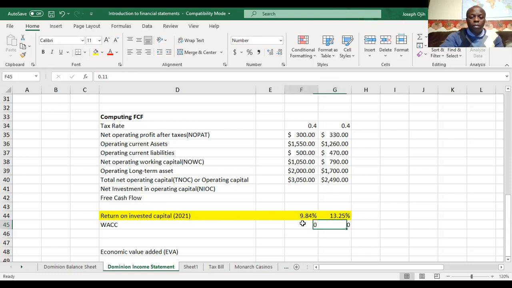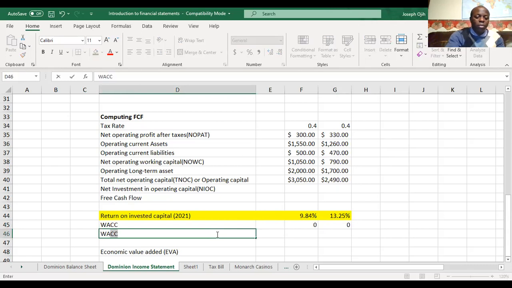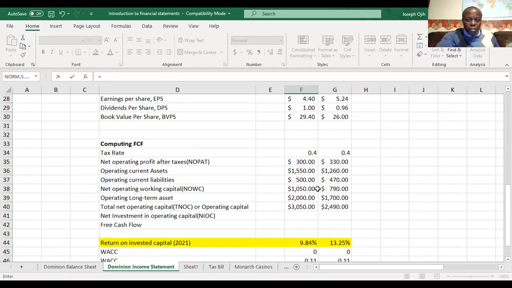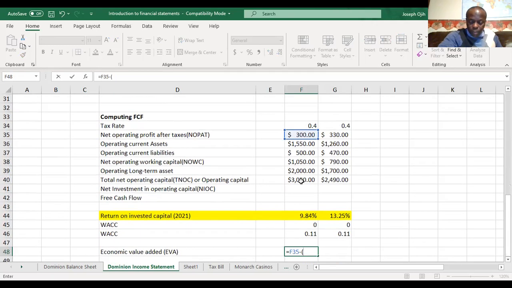Okay. Look at that, the cell is corrupted, so I'm going to use this cell for the average cost of capital, 0.11. Now the economic value added equals NOPAT, which is net operating profit after taxes, minus total net operating capital from here, times the cost of capital.